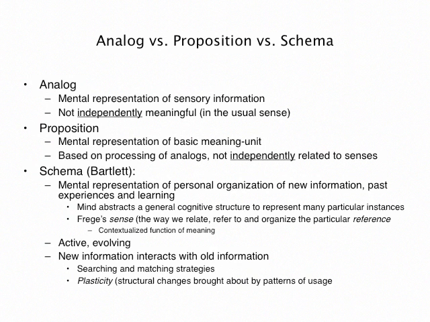And so how is it that this new information that's coming in actually interacts with the old information? The idea is that the propositions, the analogs, and the schemas stimulate searching and matching strategies, where there's some new analogical representation, and there's a search and match strategy for similar analogical representations from past knowledge, either stuff I've read or stuff I've experienced.